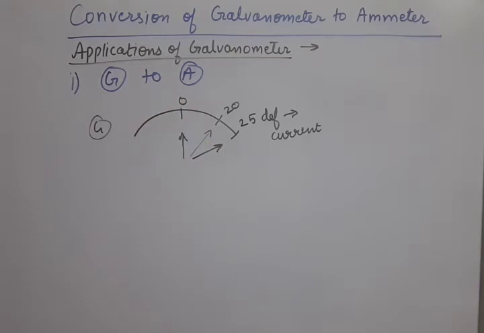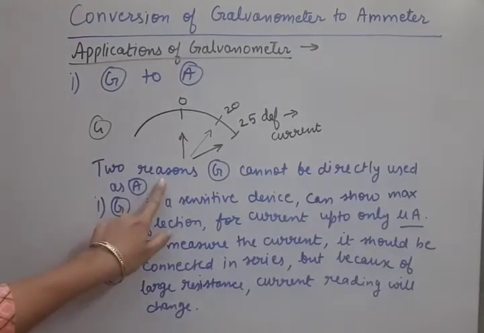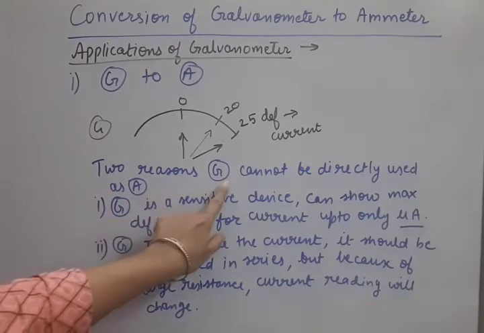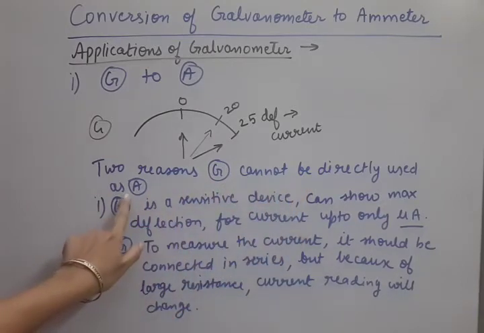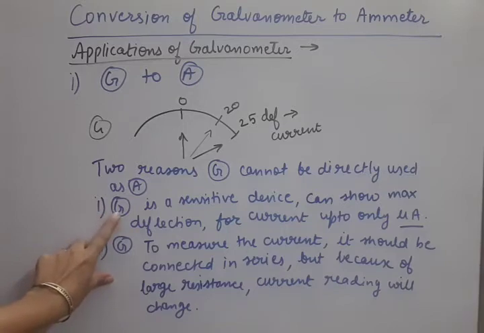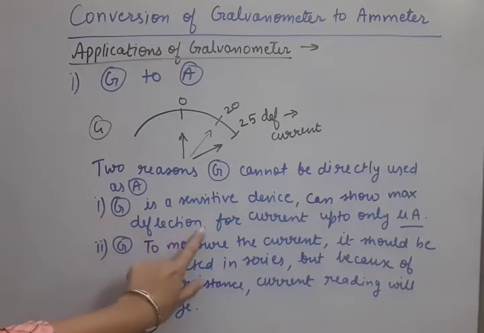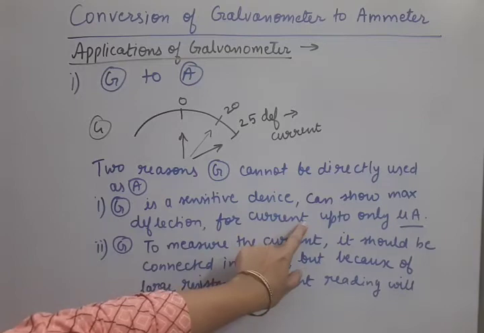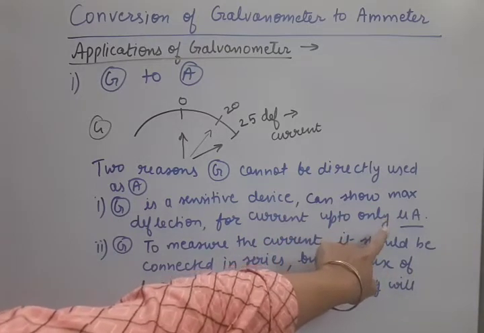Now there are two problems in converting G to A that we need to discuss first, so that we need some modifications. The two reasons why the galvanometer cannot be directly used as ammeter are, first of all, galvanometer can show deflection only for currents up to microampere.